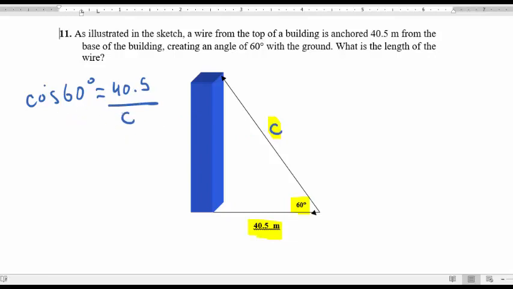And just as we did before, you're going to cross multiply, so you're going to have c times the cosine of 60 degrees is 40.5, and then you're going to divide both sides by the cosine of 60.